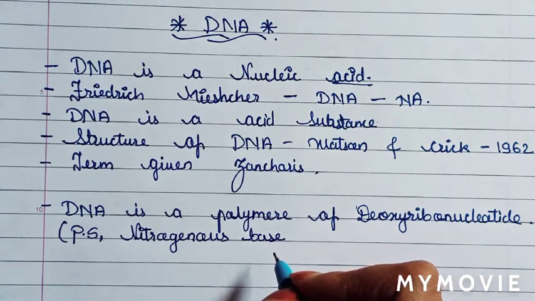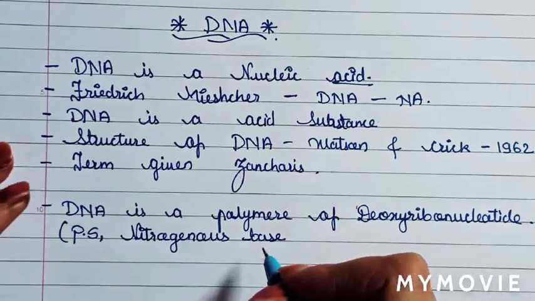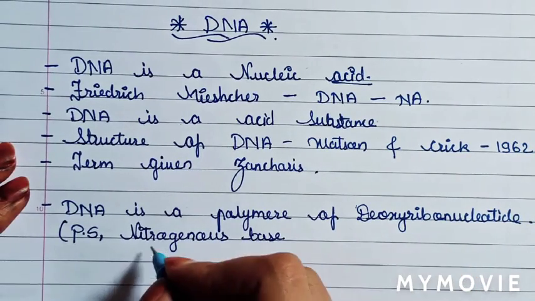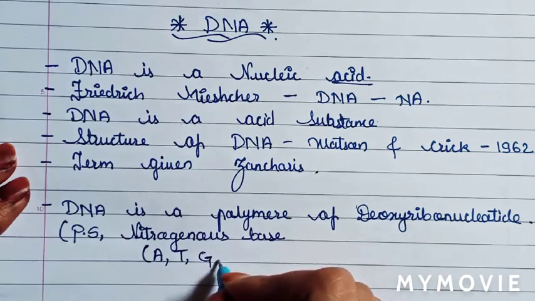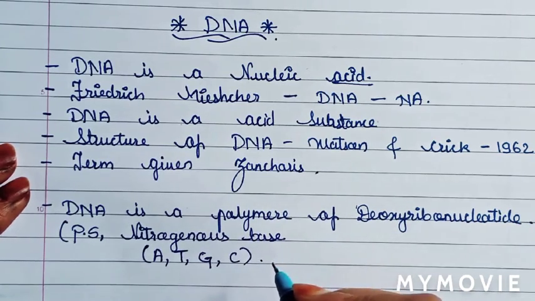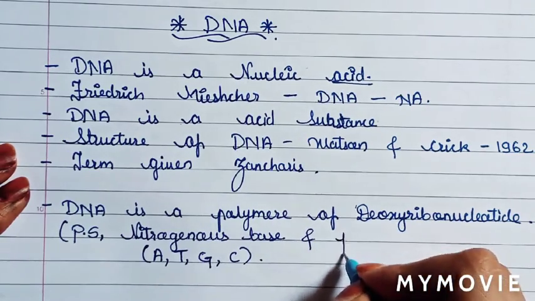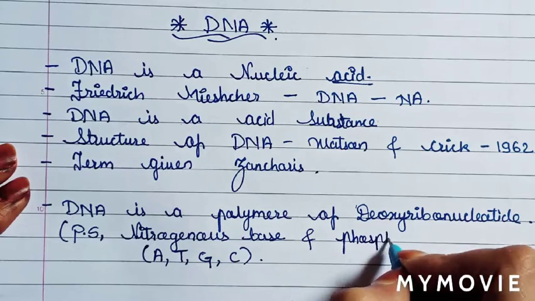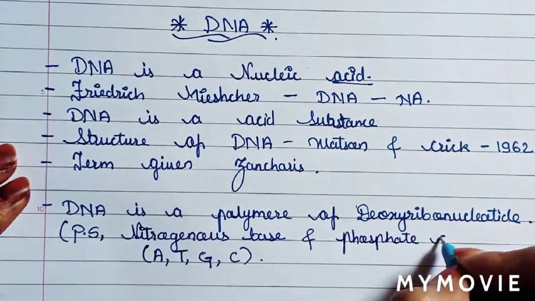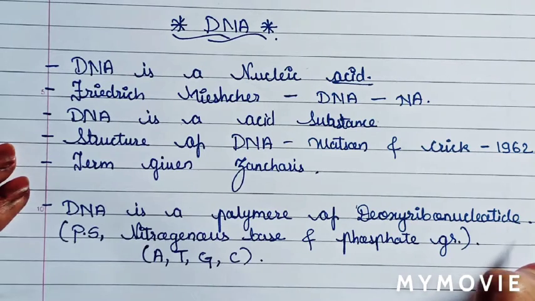And in case of RNA, the nitrogenous bases are adenine, uracil, cytosine and guanine. So in case of DNA, there will be adenine, thymine, guanine and cytosine. And the third important component is the phosphate group, or we can call it phosphoric acid.